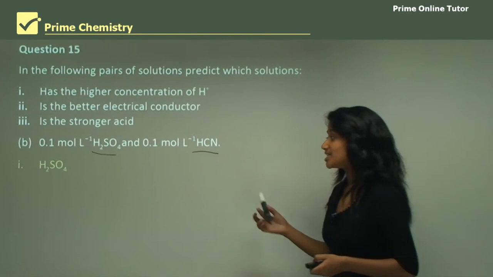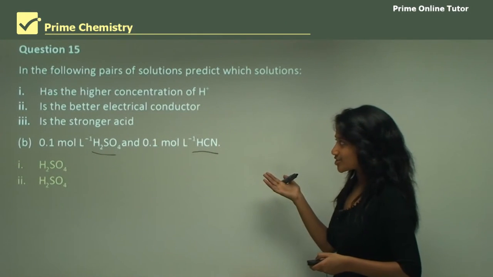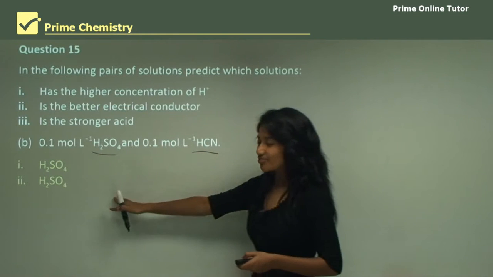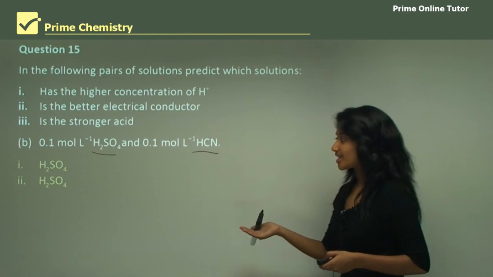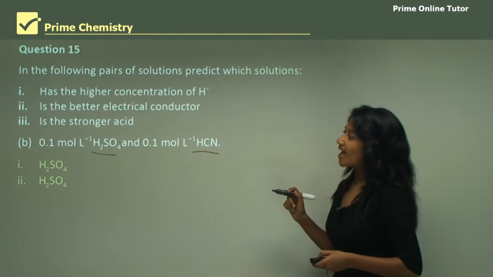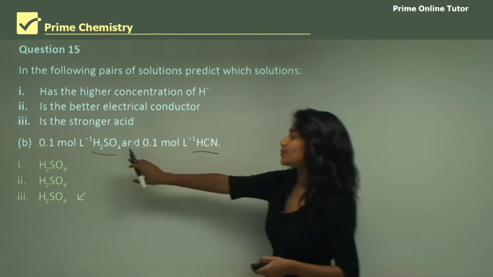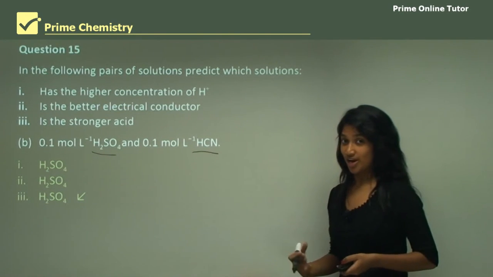Sulfuric acid, a diprotic strong acid, is a better electrical conductor. Because it's diprotic, it has 2 hydrogen ions, meaning that there's going to be more charged particles, and it is a stronger acid. Again we have to go with sulfuric acid because sulfuric acid is a strong acid.